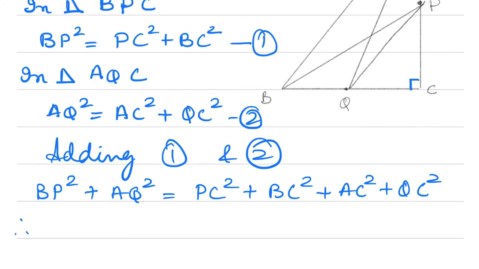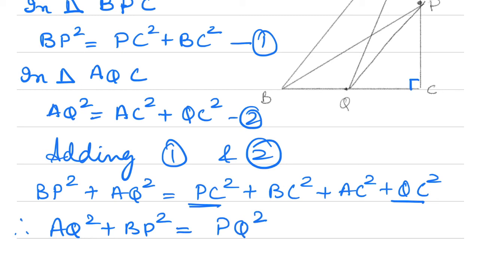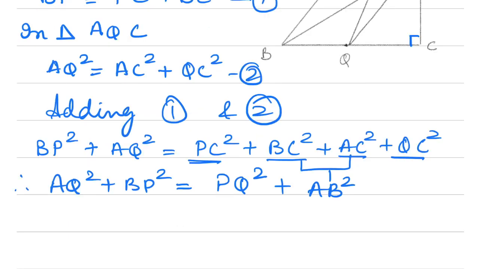Therefore AQ square plus BP square is equal to, now for PC square and QC square, I can write down as PQ square. PC square plus QC square is equal to PQ square, and AC square and BC square I can write down as AB square. Hence proved.